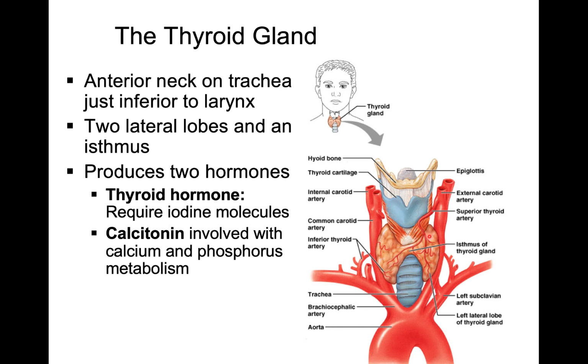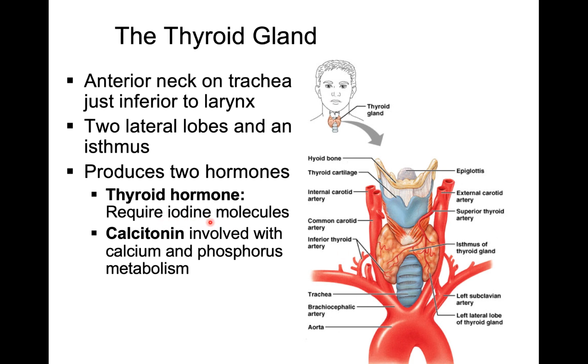metabolism. Now, if you have ever seen pictures of people with goiters, what you'll notice is that they have a huge bump over here, a huge inflammation or swelling of their thyroid gland. People that live in third world countries who don't have the availability of iodine are going to have issues with their thyroid gland.